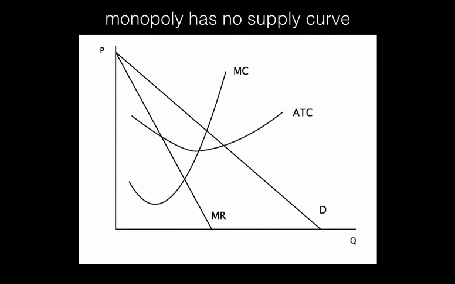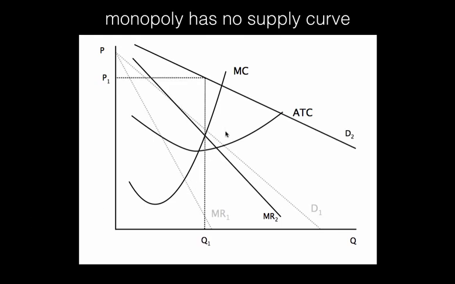So for example, if we shift demand, so if you can make it out, I left the old demand curve here and marginal revenue curve, but now I shifted demand and marginal revenue goes with it, because marginal revenue is just derived from that particular demand curve. So I shifted both demand and marginal revenue, and that gives us a new profit maximizing point and a new price, as opposed to the old one, which is down here, right?